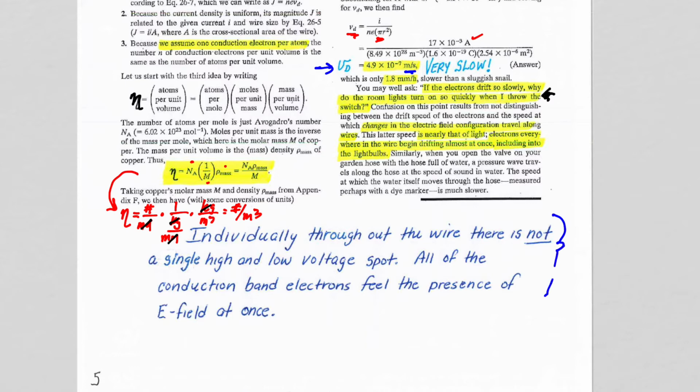The individual points of the wire themselves do not see high and low voltage. So all of those conduction band electrons feel the presence of the electric field at once, and each electron feels that equivalent voltage pressure moving.